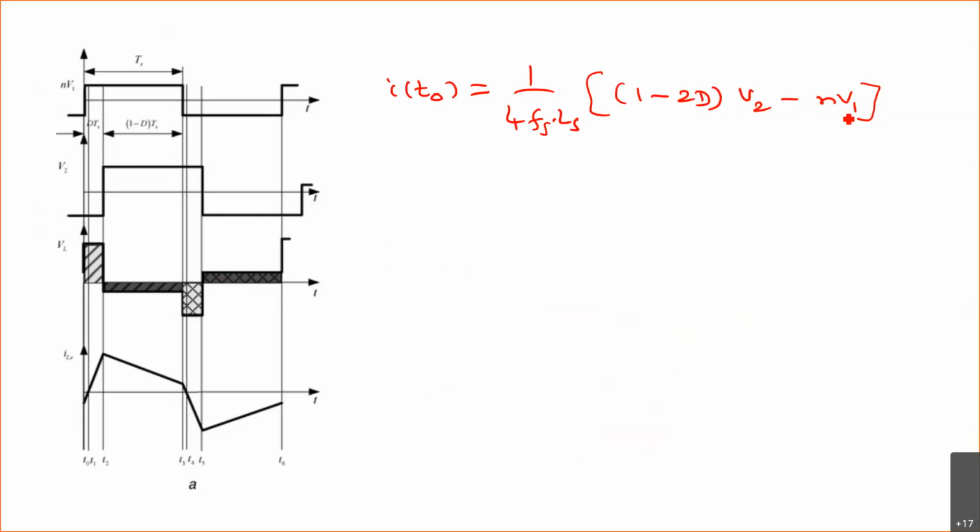So this is the inductor initial current, by substituting all its initial conditions.